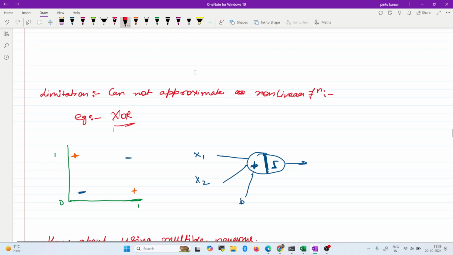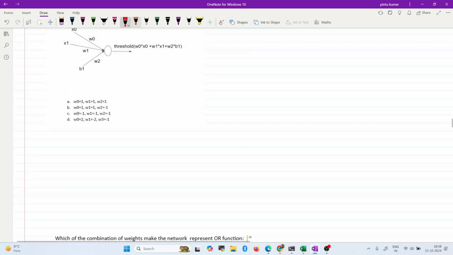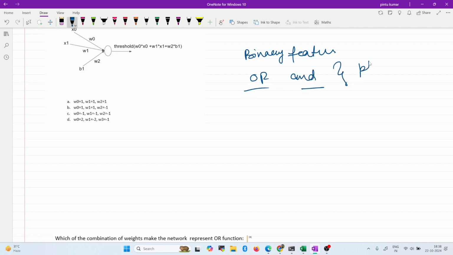You might know about a function called the XOR function. When you have binary features, you have the OR and AND functions. You might know these from physics, or if you have some computer science background, the OR gate, AND gate, and those kinds of things.